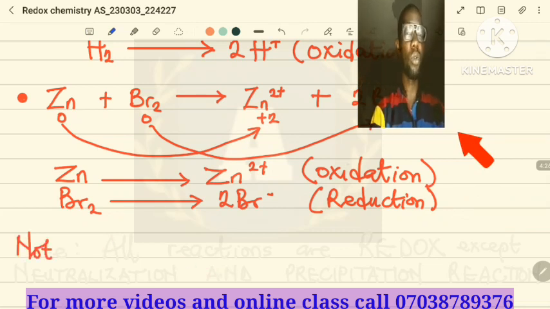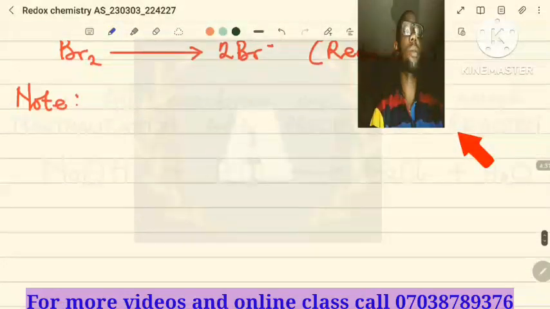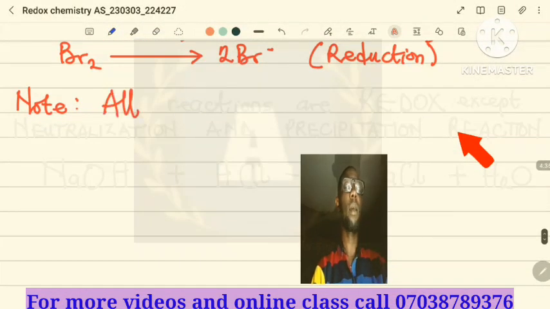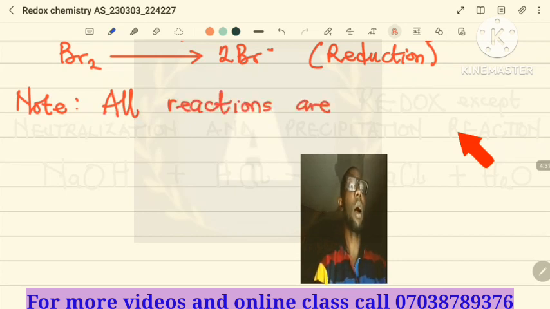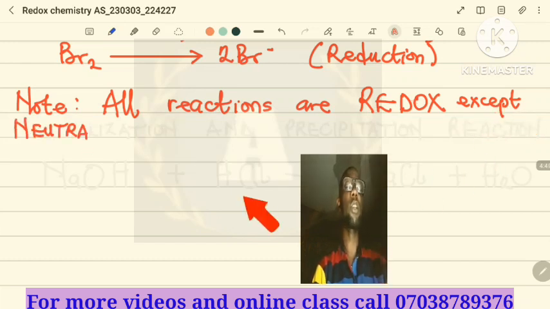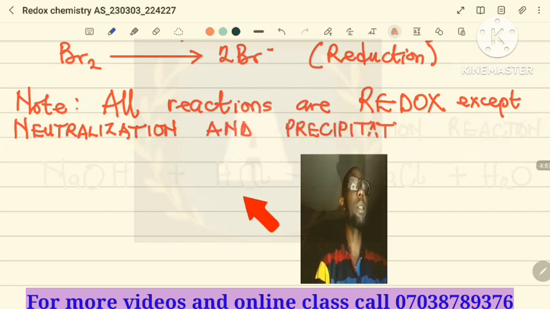Now we are asked to note that all reactions we have in chemistry are redox reactions, meaning they are reduction and oxidation reactions, with the exception of neutralization and precipitation reactions.